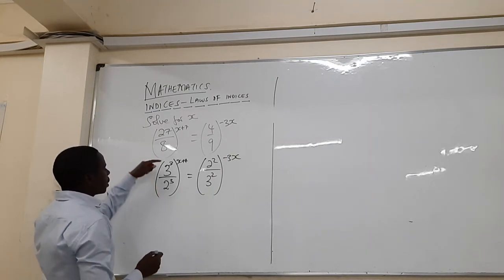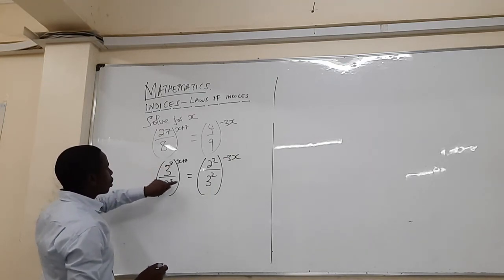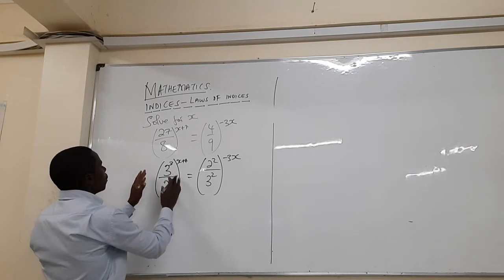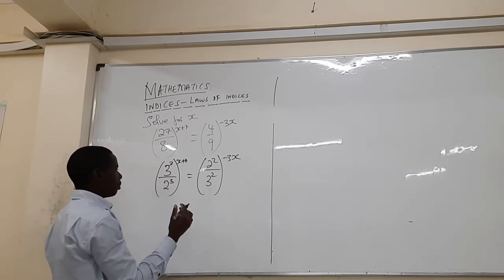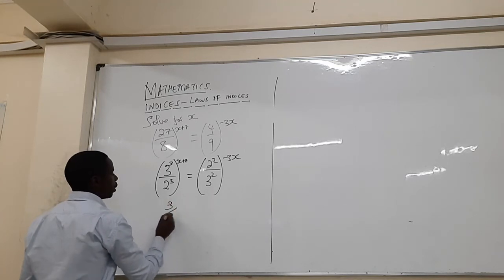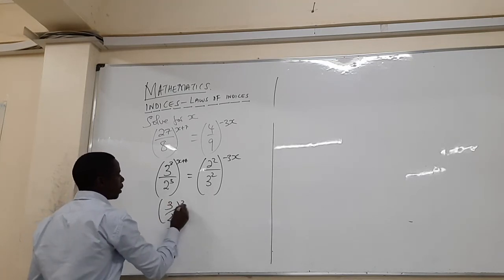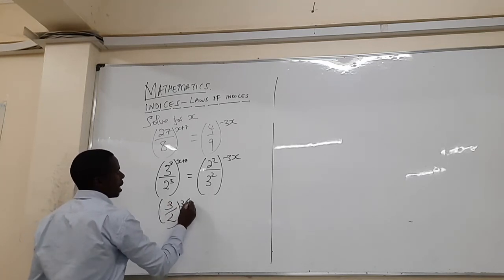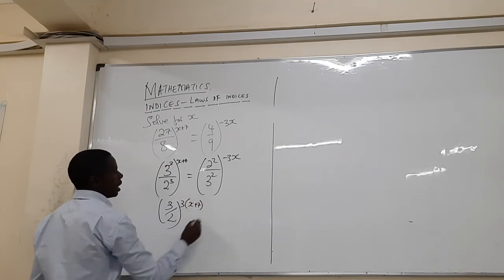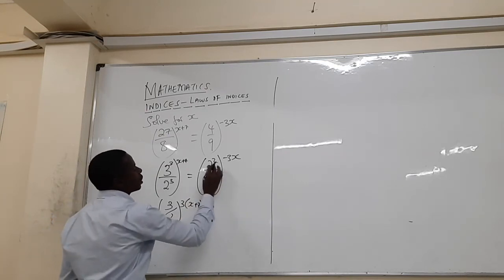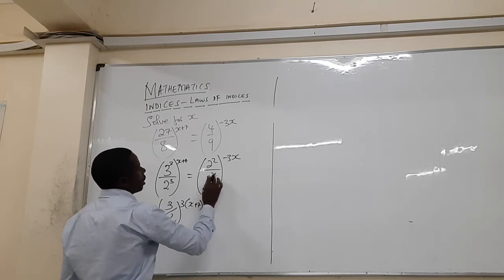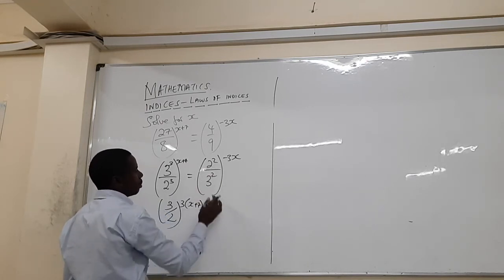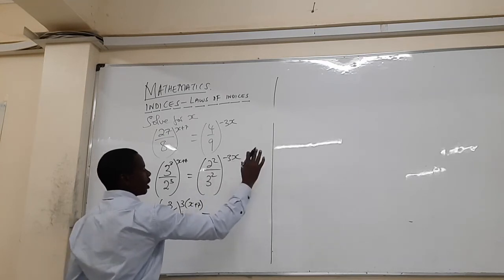Then I can see this is 3 cubed, 2 cubed, meaning both are cubed, so we can factor out that power. We have (3 over 2) power 3, then multiplied by x plus 7, is equal to, and this is 2 squared, 3 squared, both squared, so we can factor out that square.